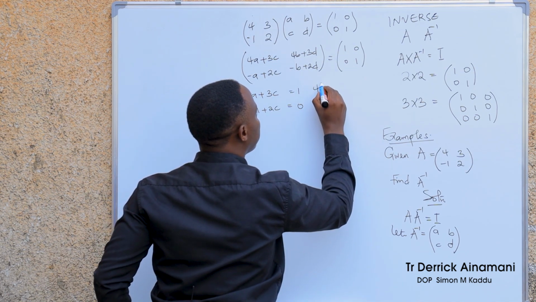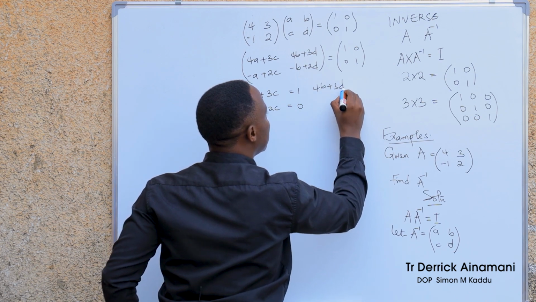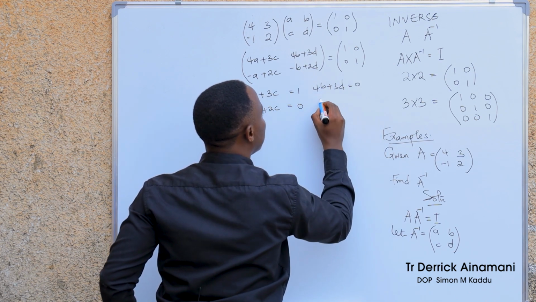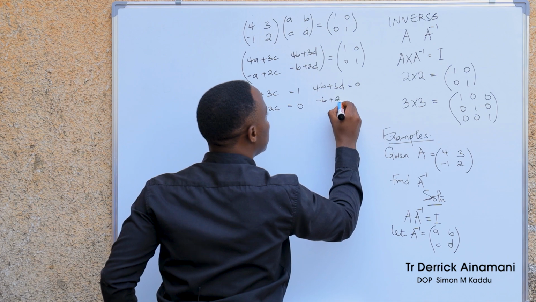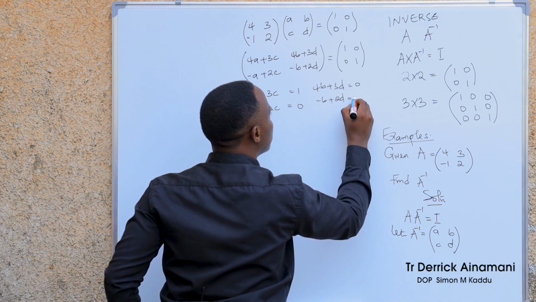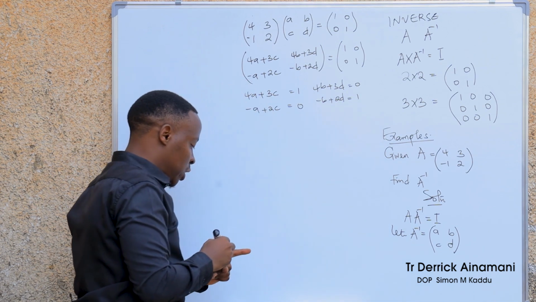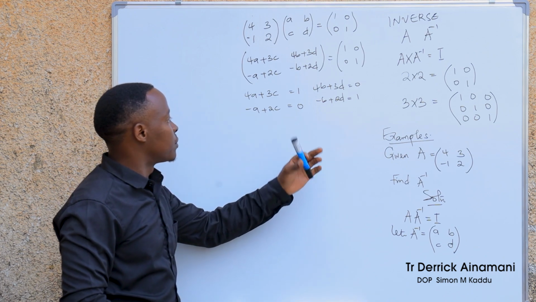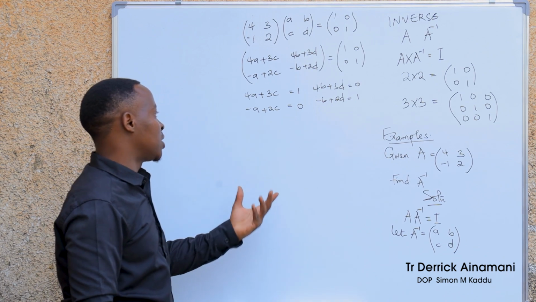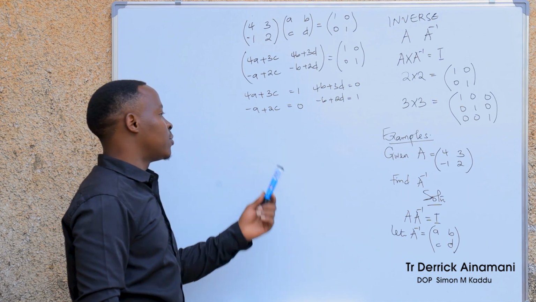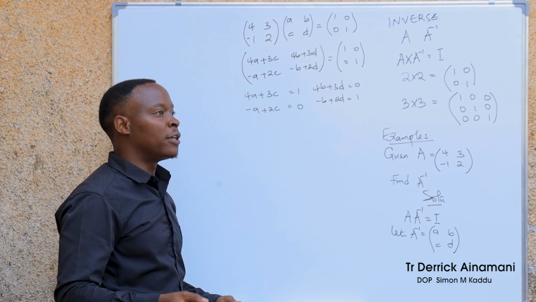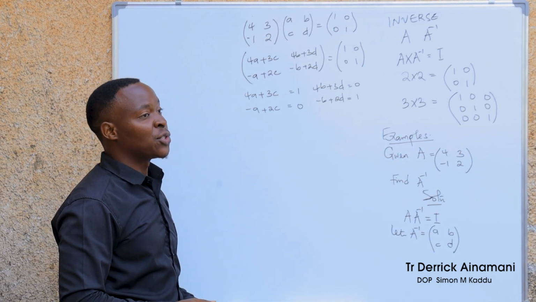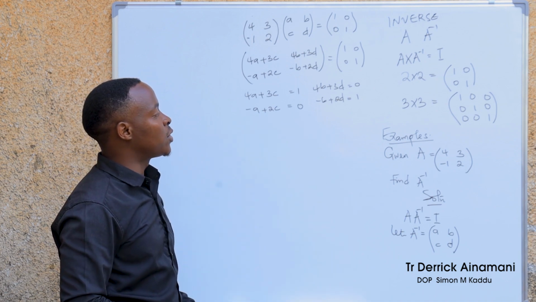Then here we have 4B plus 3D is equal to 0 and minus B plus 2D is equal to 1. Now, to reach here, you realize that we have simultaneous equations. If you don't know simultaneous equations, check in the videos back. We have simultaneous equations and how they can be solved.